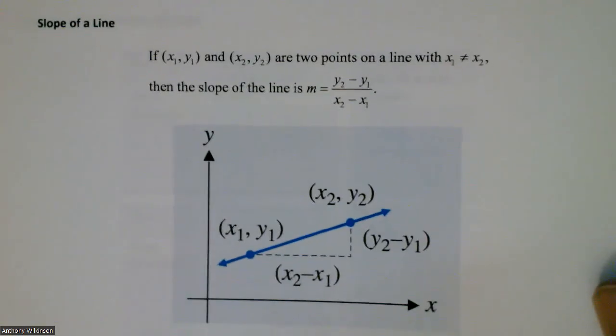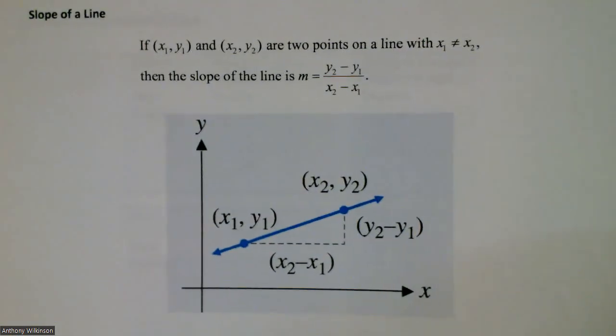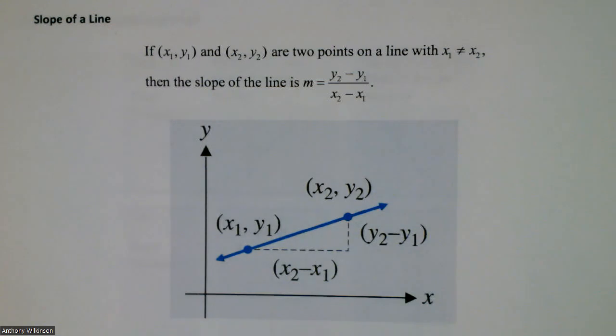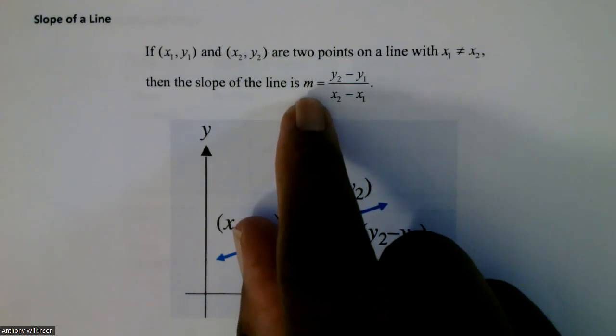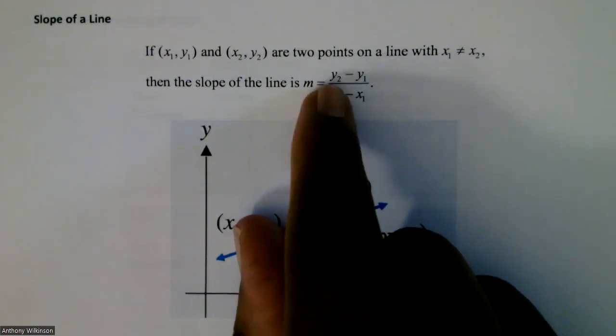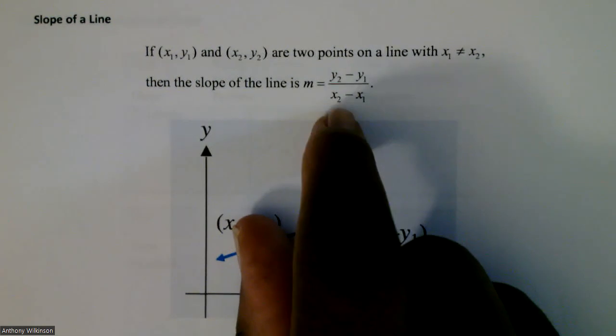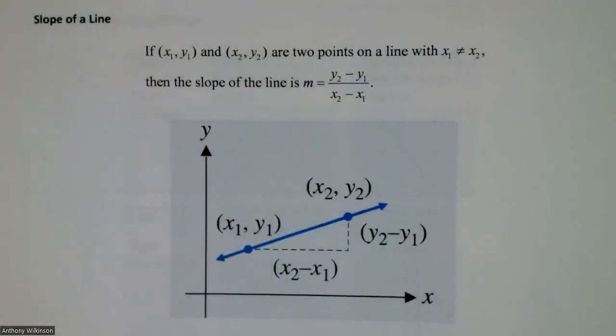Now, next is finding the slope of a line through 2 points. If you have x1, y1, and x2, y2, both 2 points on the line with x1 not equal to x2, then the slope of the line is going to be this. M is the lowercase letter we use for the slope. That's going to be equal to y2 minus y1 divided by x2 minus x1.